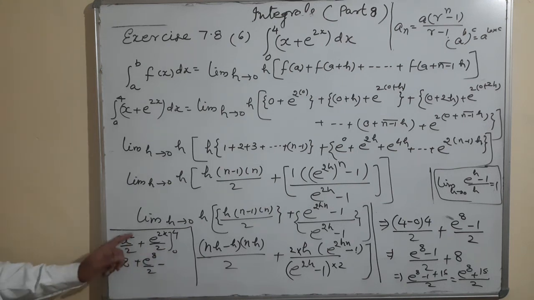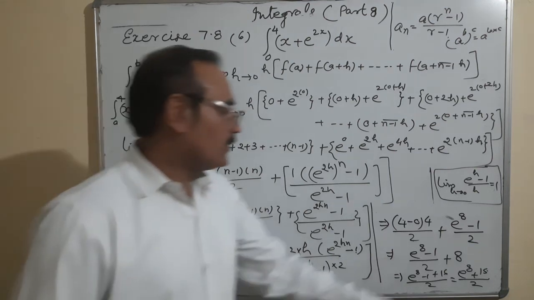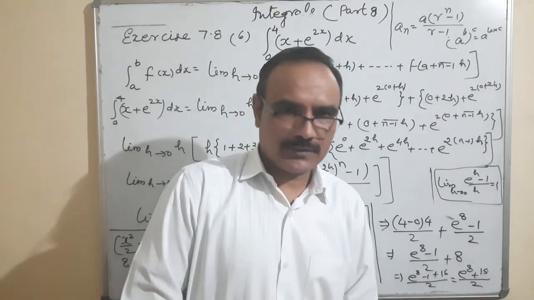When we put 0, this term is 0 and e to the power 0 is 1, so it is minus 1 by 2. So what is coming? 8 is 16 upon 2, minus 1 by 2 gives 15, plus e to the power 8 upon 2. That is 15 plus e to the power 8 upon 2.